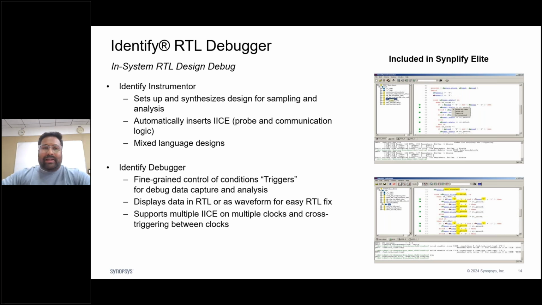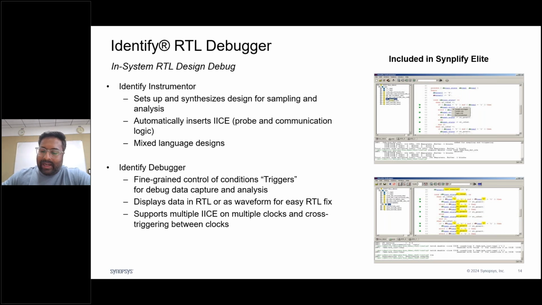Now let's look at what Identify Debugger is. Identify Debugger is a hardware debug tool which comes with Synplify Elite. It consists of two standalone tools, called Identify Instrumentor and Identify Debugger.